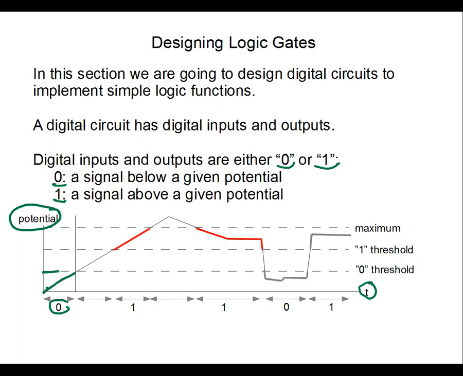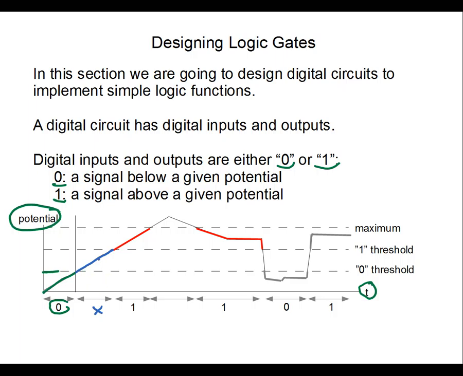Now, when the signal goes through this area, it is not interpreted as a 0 or a 1. The signal is interpreted as undefined, and we generally denote that by X or don't care.